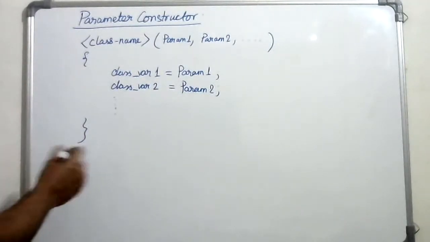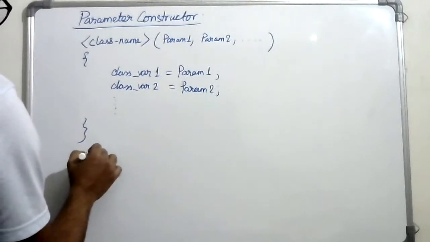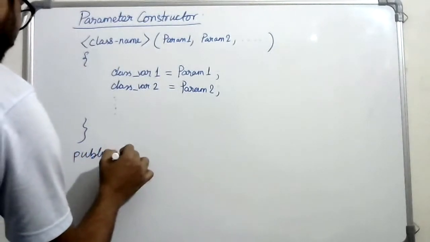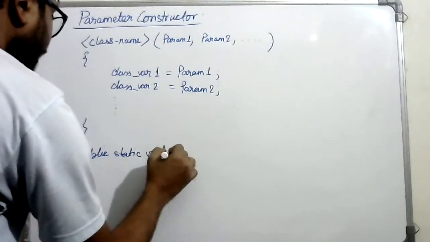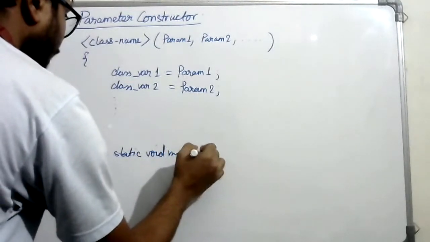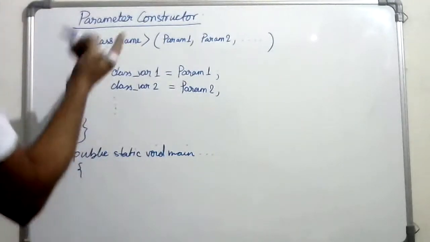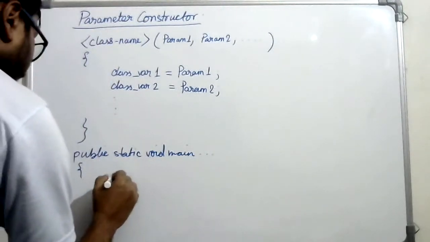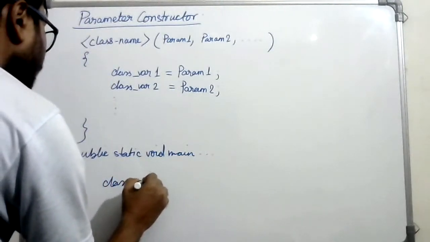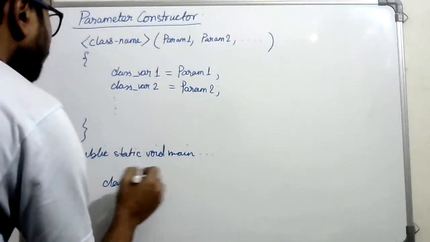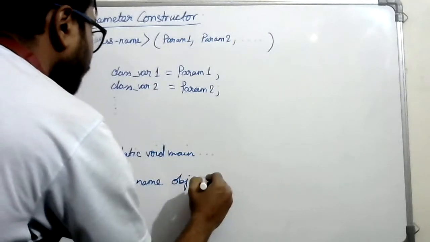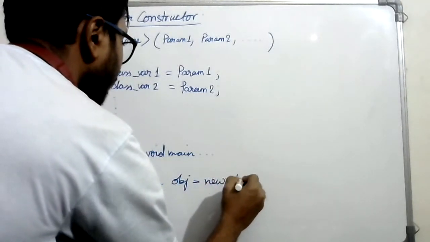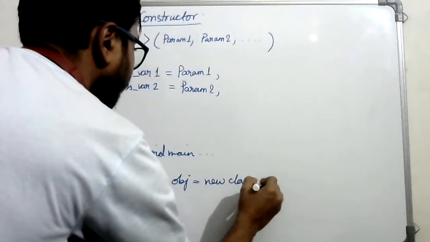So inside main, let's say I have public static void main. When I'm creating an object, class name obj is equal to new class name.